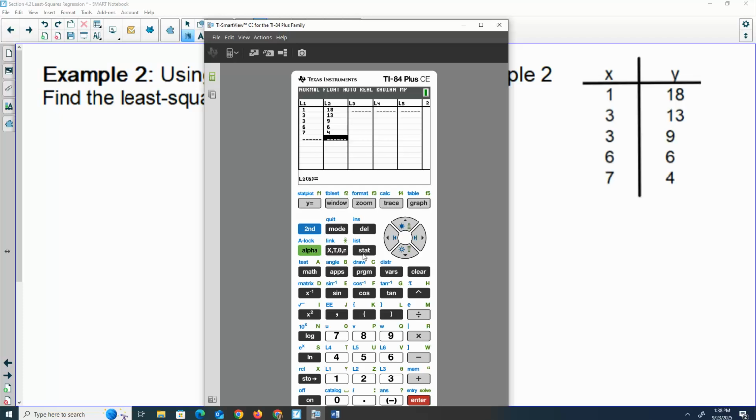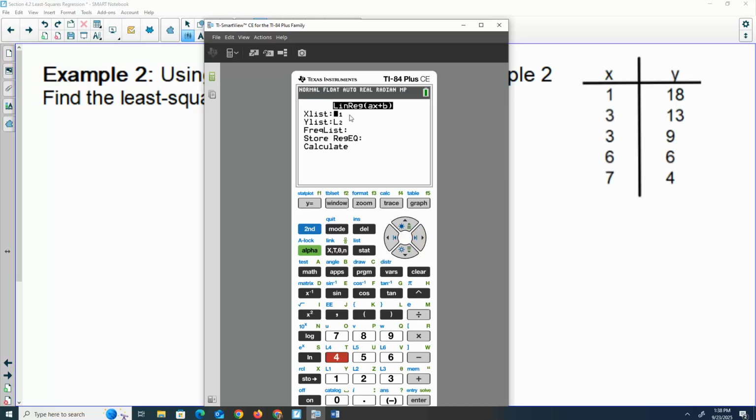And then, what did we go to get our linear correlation before? Stat, calculate, number 4, the linear regression. Your x should be your L1. Your y should be your L2. That's all we have here, and this is all of our information.